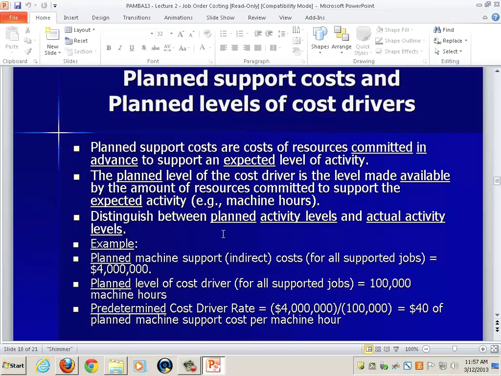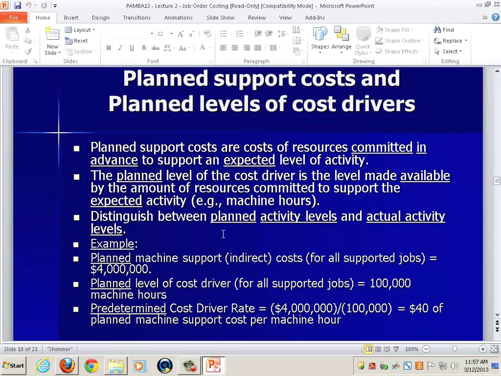Then you ask yourself, how many machine hours am I planning in Famous for all the jobs? And let's assume the number is 100,000. So you have the total machine cost of 4 million for all jobs, the level of 100,000 machine hours for all jobs.